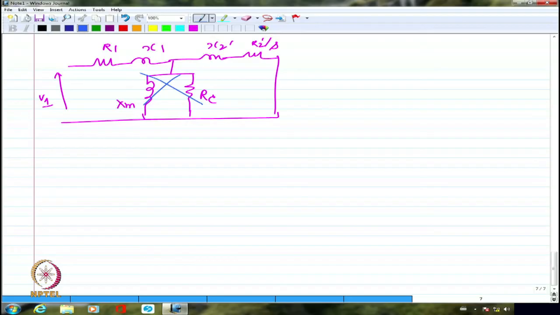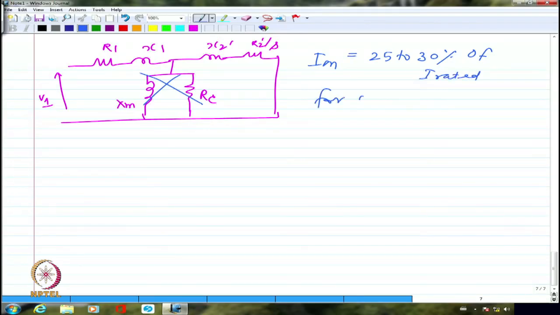Whereas in an induction motor, the magnetizing current is generally almost 25 to 30% of I rated, while in a transformer, Im is less than 5% of I rated.